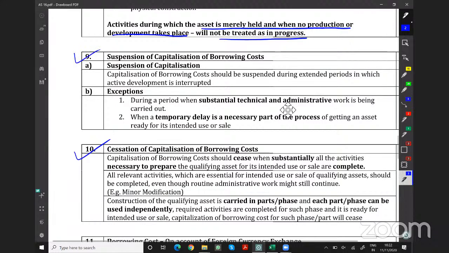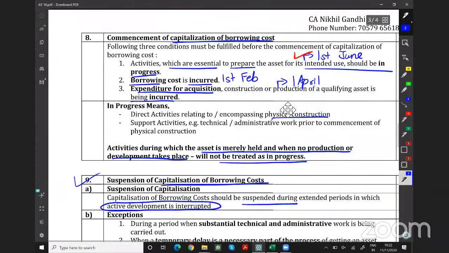Suspension means suspension of capitalization of borrowing cost. Capitalization of borrowing cost should be suspended during the extended period in which active development is interrupted. That means, sir, they started construction on 1st of June.